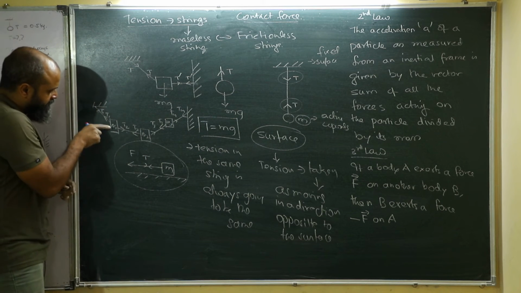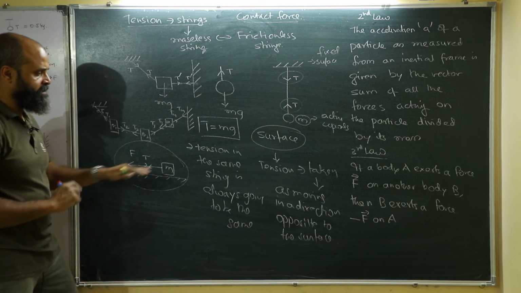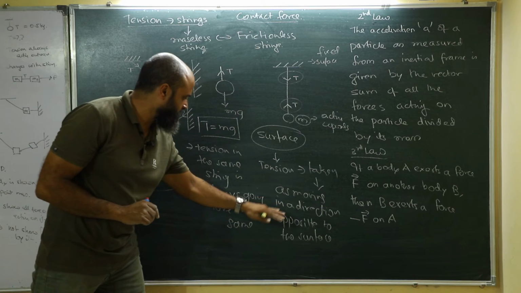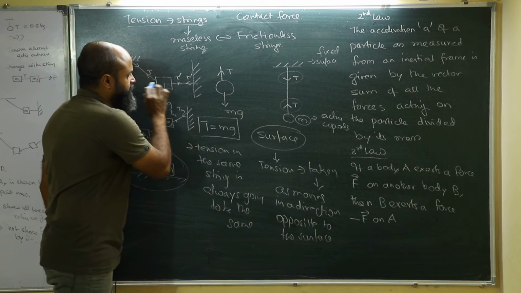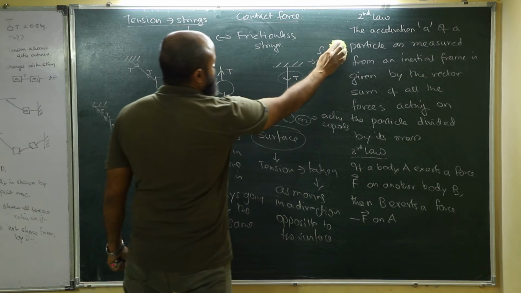Again, tension T acts away from the mass and away from the surface. So this is how the tension T is always going to act. This is the basic funda, and tension in different strings is going to be different. So these are the two basic criteria of tension.